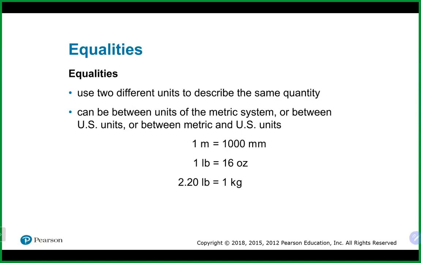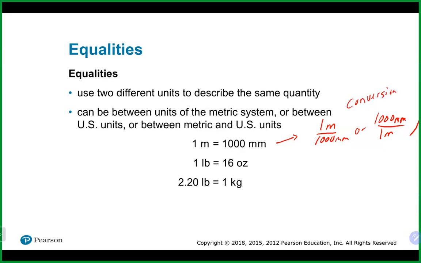So when we have any of these equalities, again, we can write conversion factors. So we have 1 meter over 1,000 millimeters, or we could have 1,000 millimeters over 1 meter. And those are the two conversion factors that we could get from that equality that we see there.